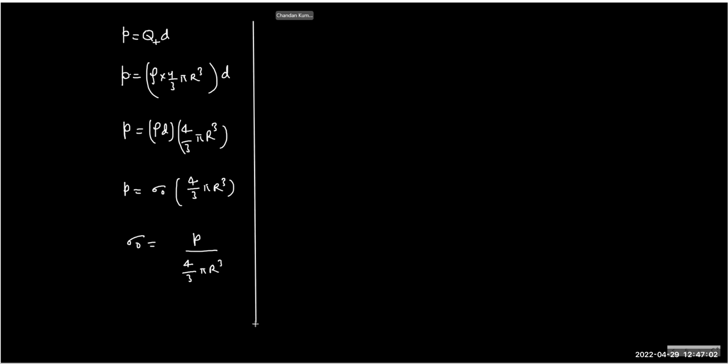Yes, sir. So the electric field will be sigma naught by 3 epsilon naught. This is what we got, right? So we can write it as 1 by 3 epsilon naught multiplied by P upon 4 by 3 pi r cube, since sigma naught is P upon 4 by 3 pi r cube.